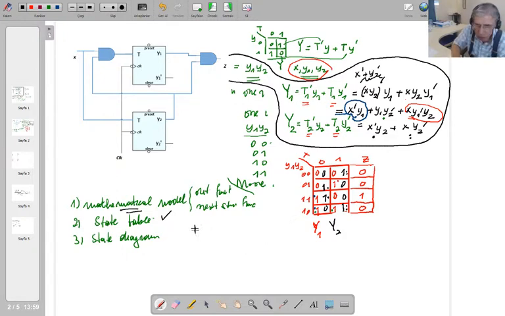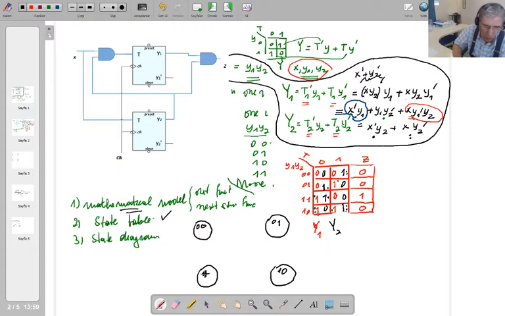So one of them is this 0, 0. The other one is 0, 1. And here 1, 0. And here 1, 1. These are the states, right?